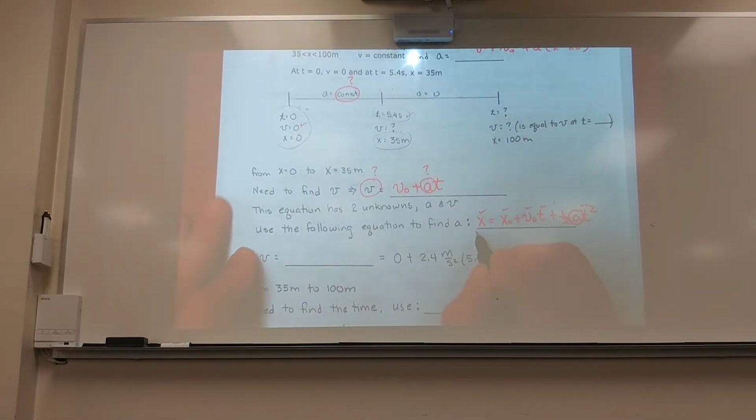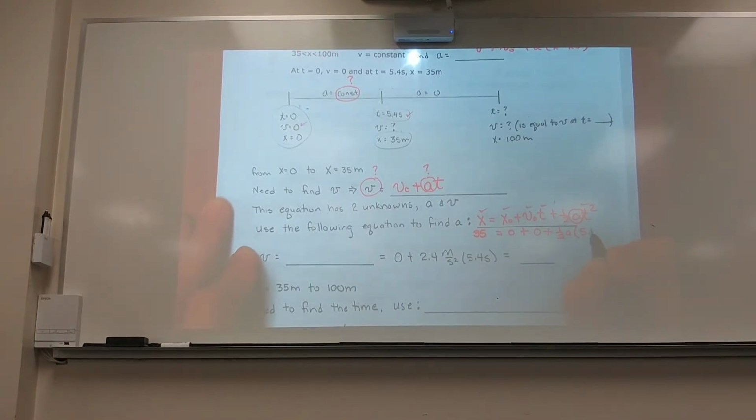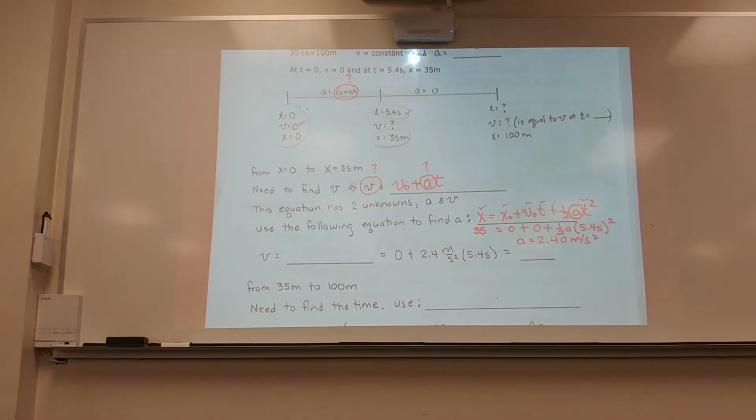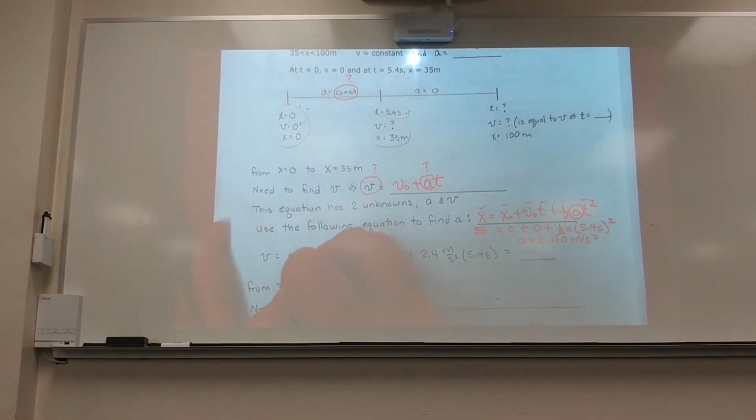We have 35 meters is equal to 0 plus 1/2 a times t squared, t being 5.4 seconds. And so then acceleration is equal to 2.4 meters per second squared. So now we can use that equation: v is equal to v naught plus a times t.